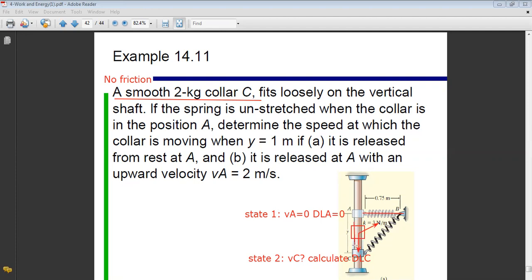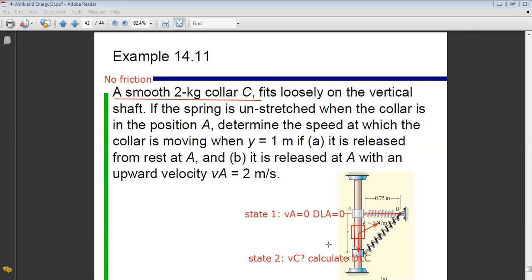As you are pushing your collar towards the right, the collar will do an action on this rod towards the right. By action-reaction, the rod will do a force on the collar towards the left.